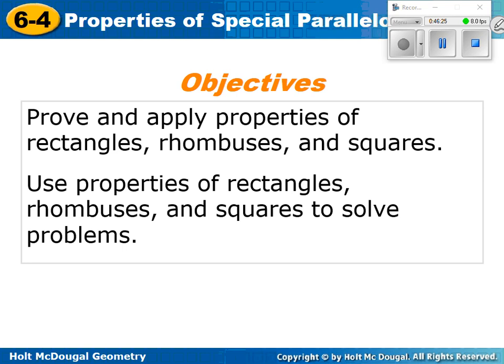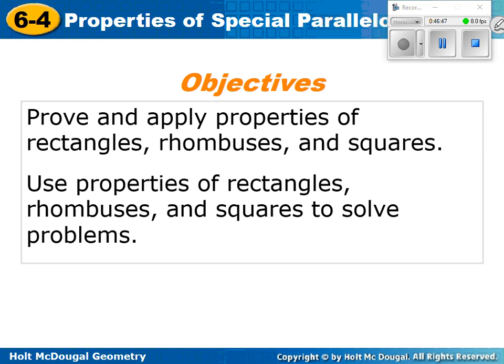6-3, which is going to be on this new assignment I'm going to give you, the first page, it's going to be basically either showing your work and backing it up with the property like we did. Those will be the long ones. Or it'll just be, here's a picture. Do you have enough information? Back it up with a property. Okay, so it's just, can you prove it's a parallelogram? Basically, it's the same properties.